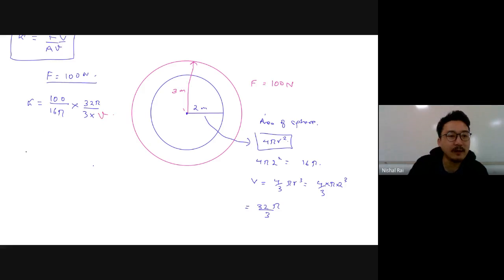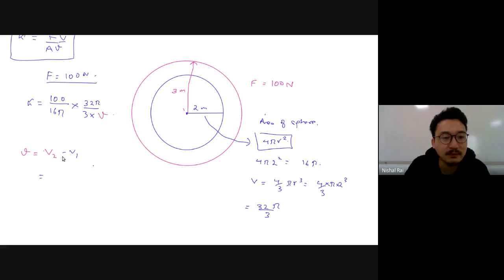Now, how to evaluate the small change in volume? The easiest method is the larger volume minus the smaller volume.